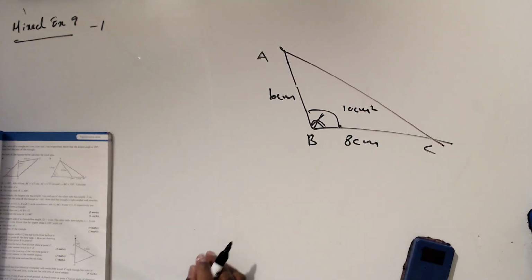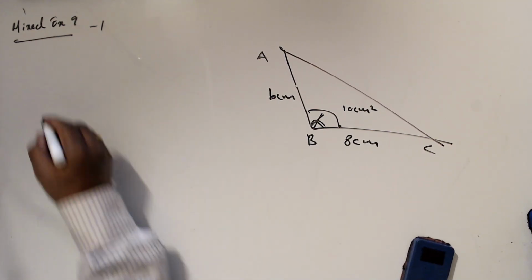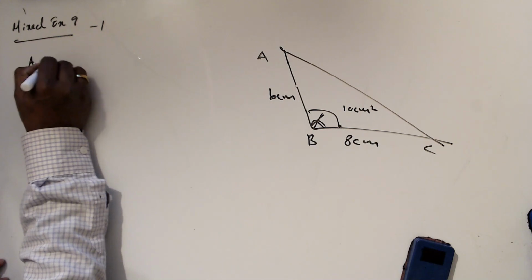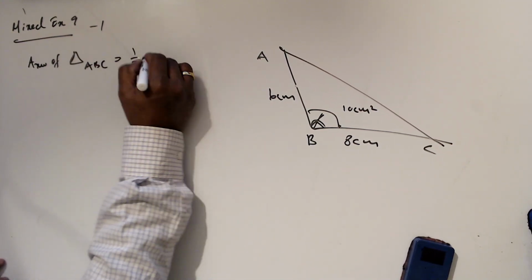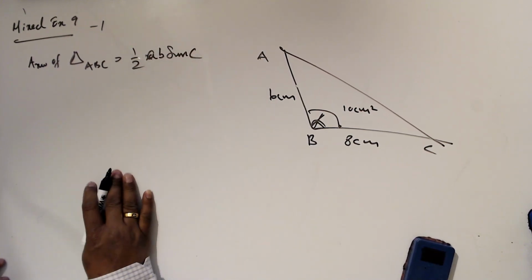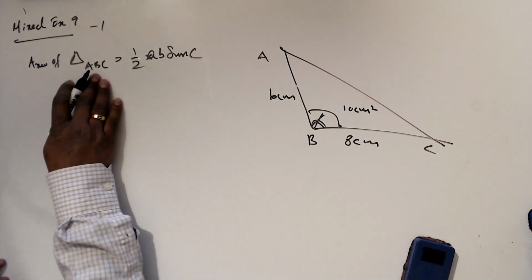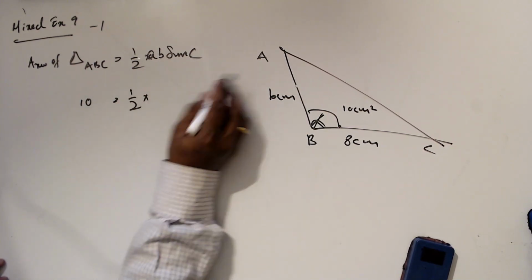Then we know that the equation is going to be half AB sine C. So area of triangle ABC is half AB sine C. Area is given 10 and half A is 6.